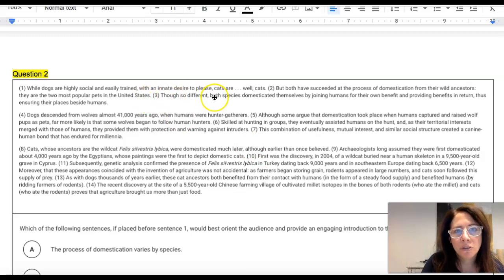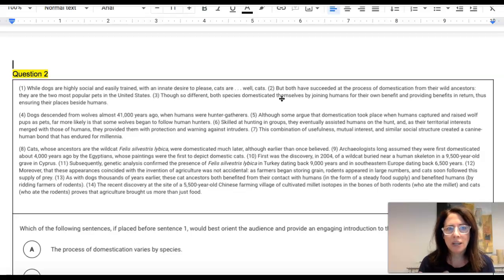If I'm looking at sentence 3, both species domesticated themselves by joining humans, ensuring their place besides humans. So is this passage about the relationship between humans and their animals? Or is it about the process in which, or how pets, dogs and cats become domesticated?